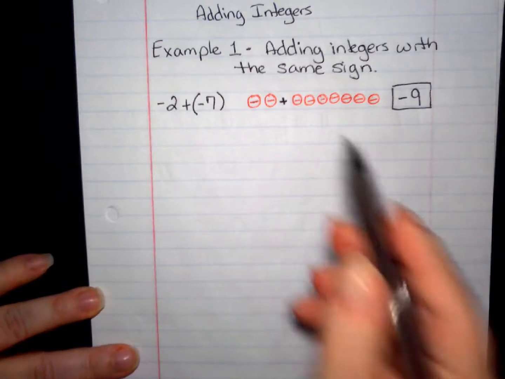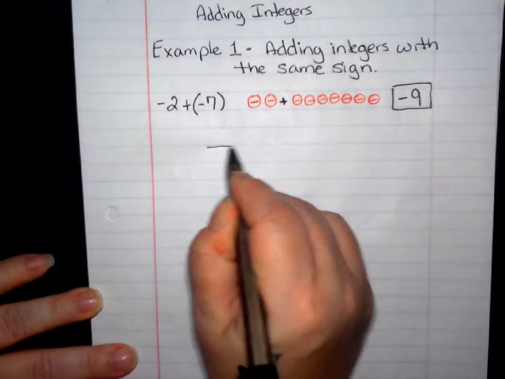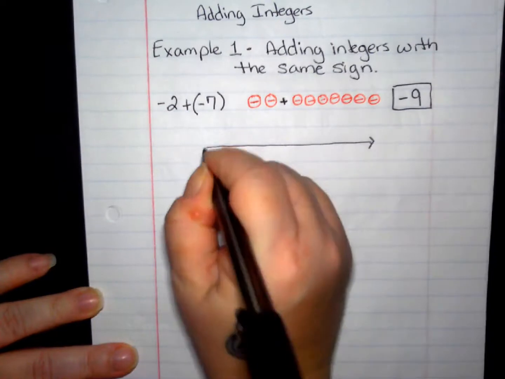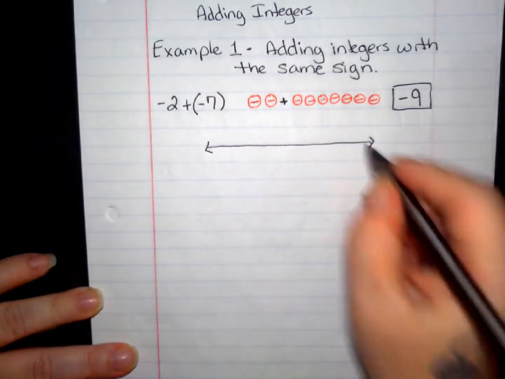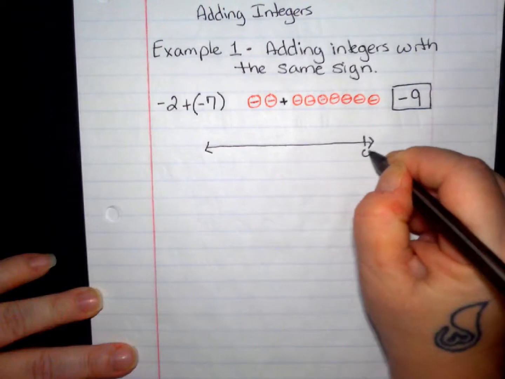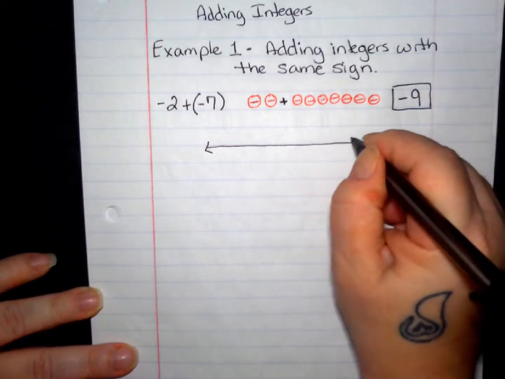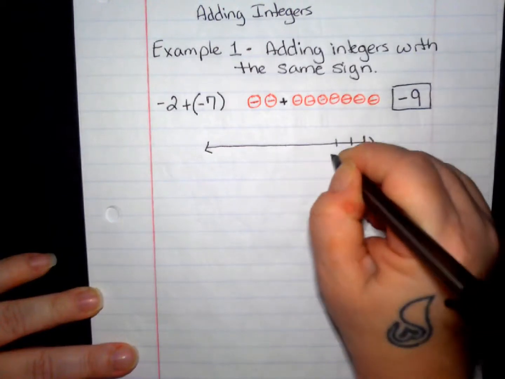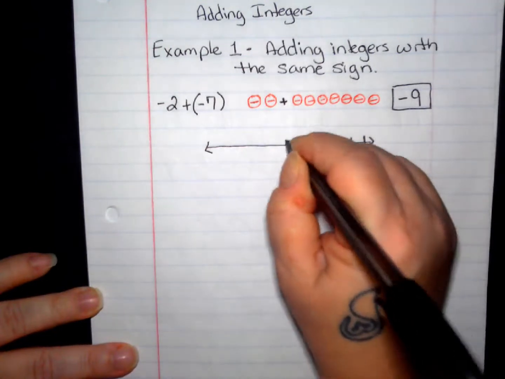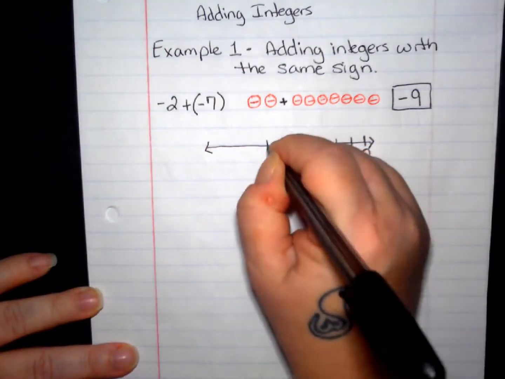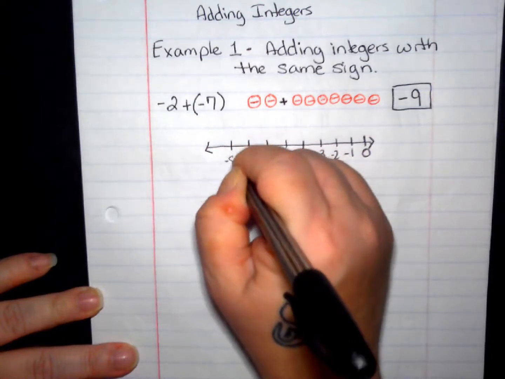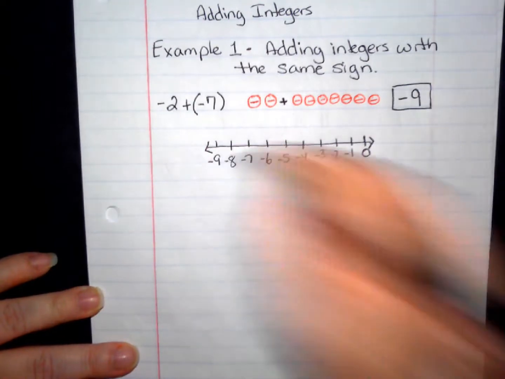And then I'm going to show you that just so you can see it on the number line so you can understand why if we added it, it's still a negative. Okay. So since I'm working with negatives, I can put my 0 all the way on the right-hand side. So then I have -1, -2, -3, -4, -5, -6, -7, -8, -9, okay?